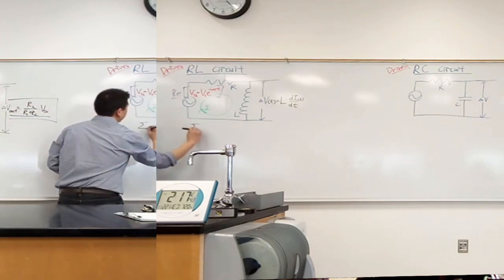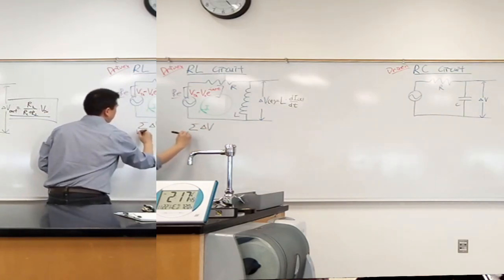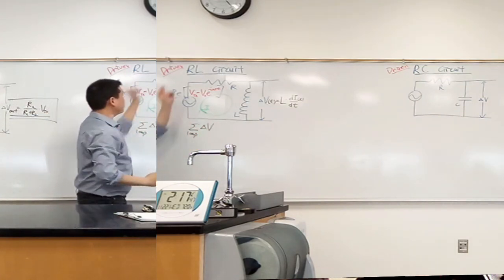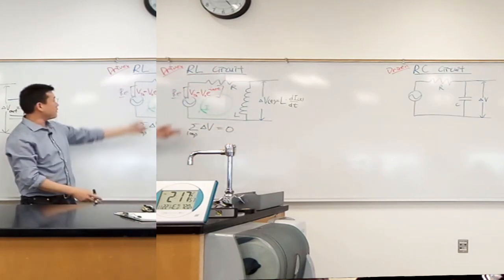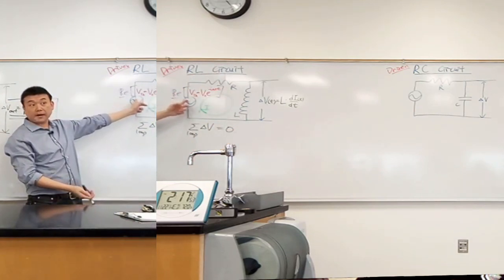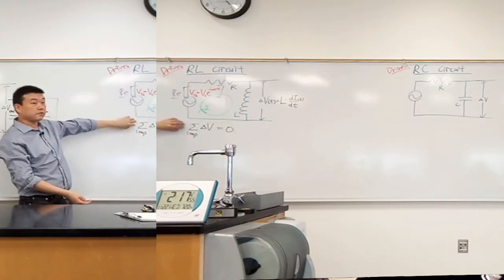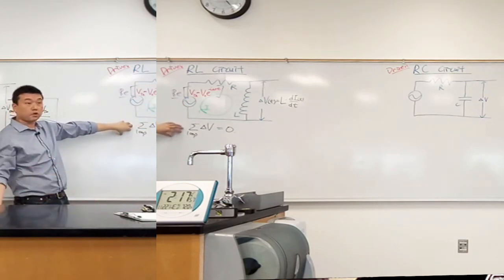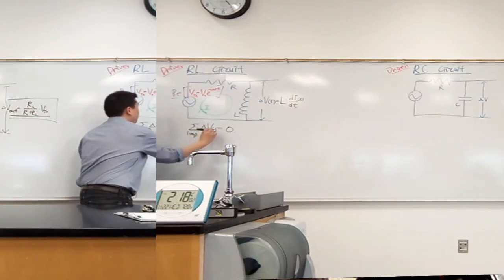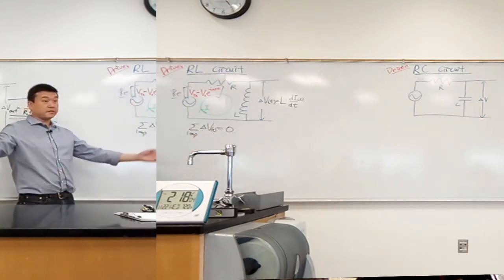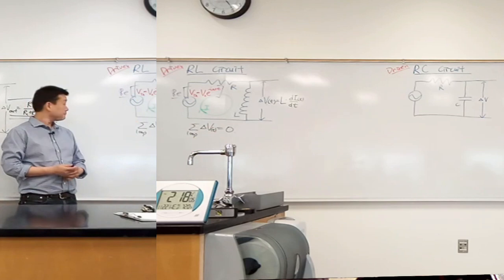The loop rule says that when you add up all the voltage changes as you go around the loop, it should add up to 0. And this time you have a time-dependent voltage applied, but that doesn't change Kirchhoff's rule. This is a general circuit solving method. It's equally applicable when everything is time-dependent, as it was when it was just DC.